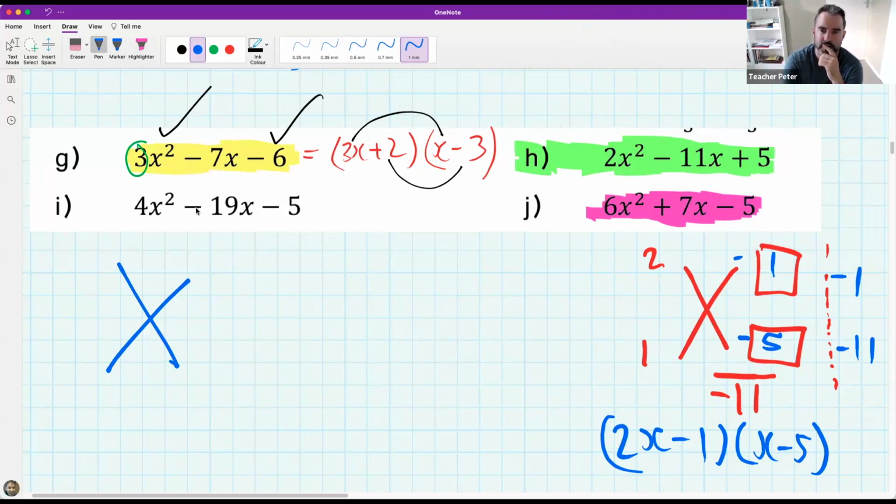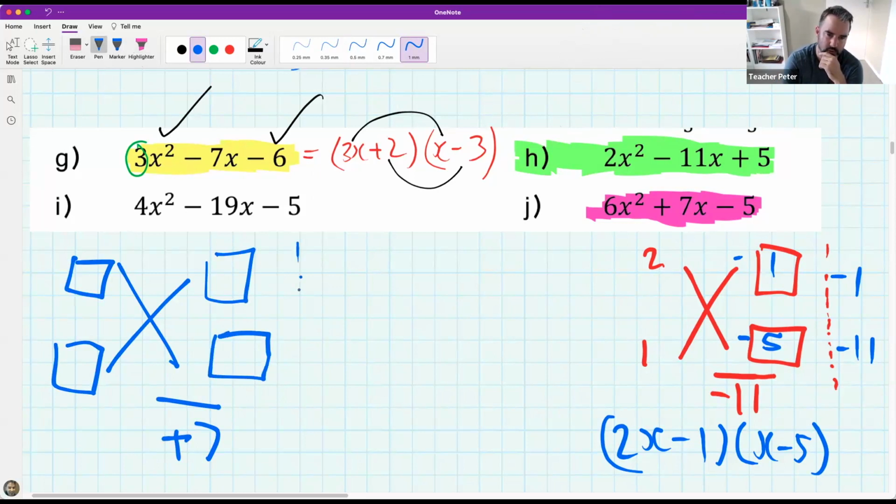So the only part we don't have a choice for is that bit. But these other bits we do.